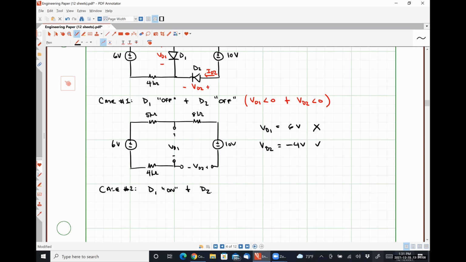Is it on or off? You think it's on? Off, okay. So our expectation here is that ID1 is positive and VD2 is negative. If both of those conditions are met, we guessed correctly.